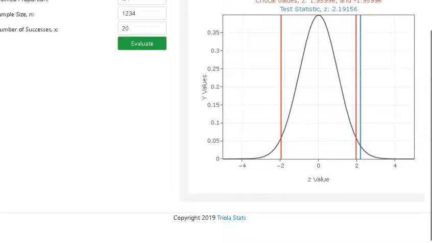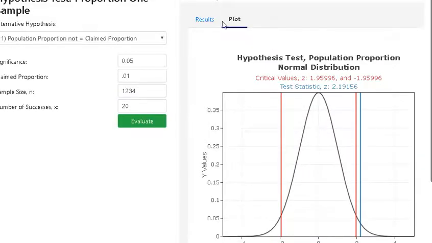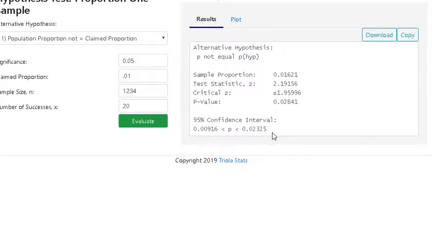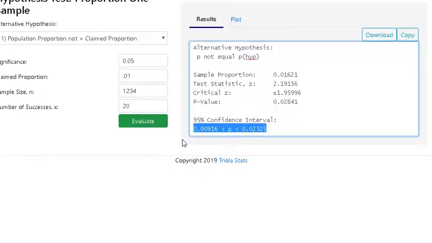There is one thing about this one that bothers me, and I haven't completely reconciled it yet, but it's something we're going to pay attention to moving forward. Let me go back to the results. They give me a confidence interval here. What do you think about this confidence interval bothers me? The confidence interval is where we think the true population parameter lies.